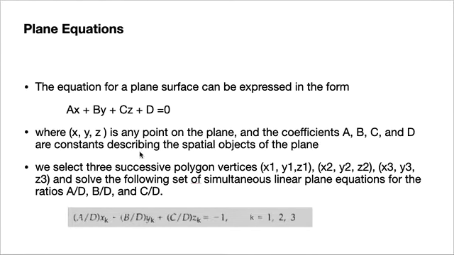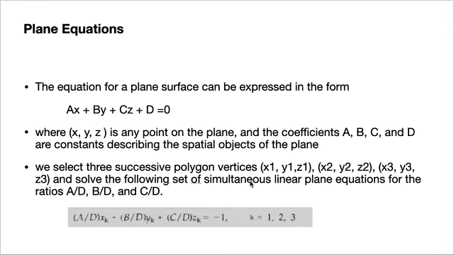Okay, so this is the plane equation, and now to find the values of a, b, c and d, we select three successive polygon vertices, x1 y1 z1, x2 y2 z2 and x3 y3 z3. You take three vertices of a polygon and solve a set of simultaneous linear plane equations for the ratios a by d, b by d and c by d.